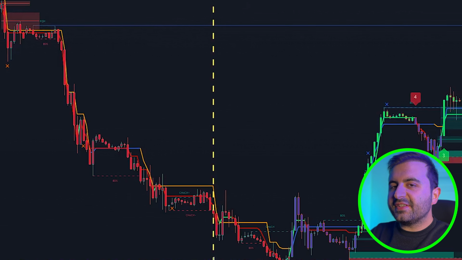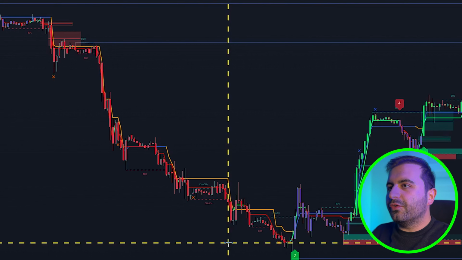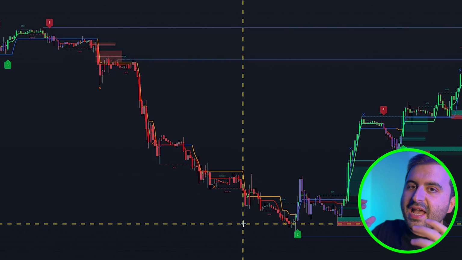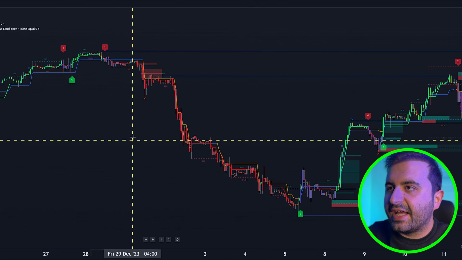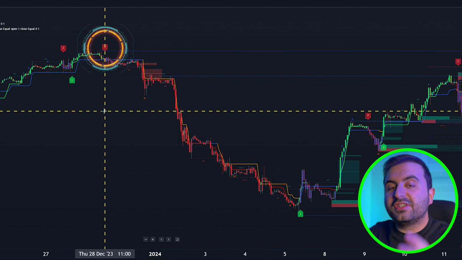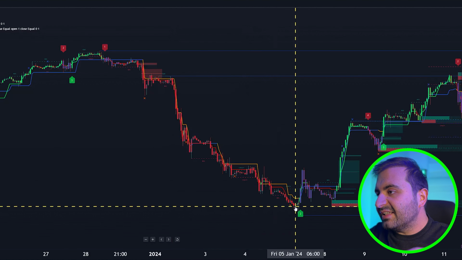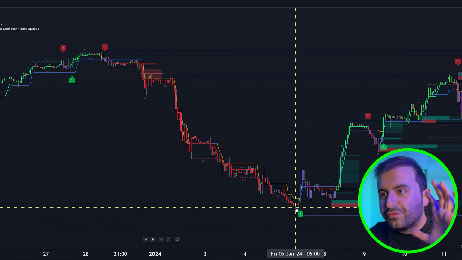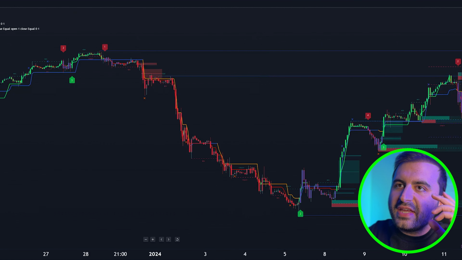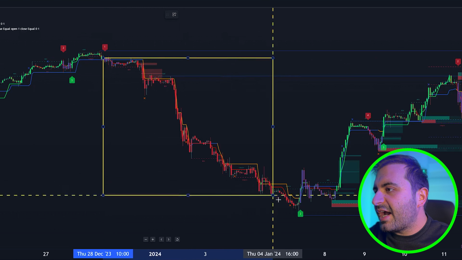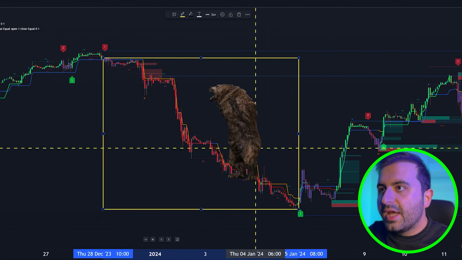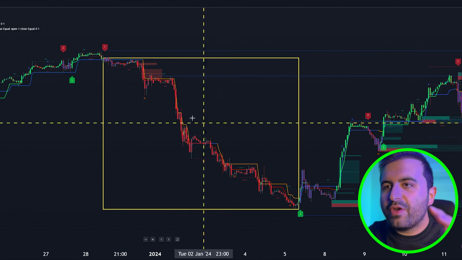One of the greatest things about swing trading is you will get an idea of the bias in the long term. Let's see that. We got the sell signal on the 28th of December, and it continues until the 5th of January. So you get an idea that until that time we are in bearish mode, and let's see how we will use this.